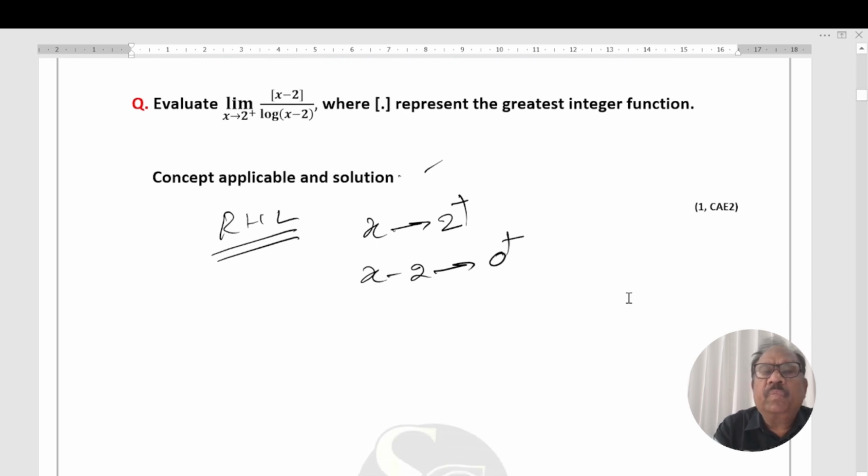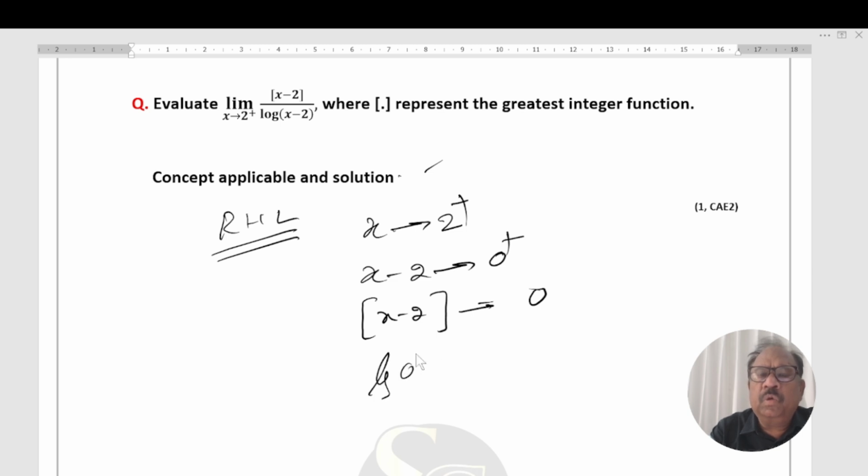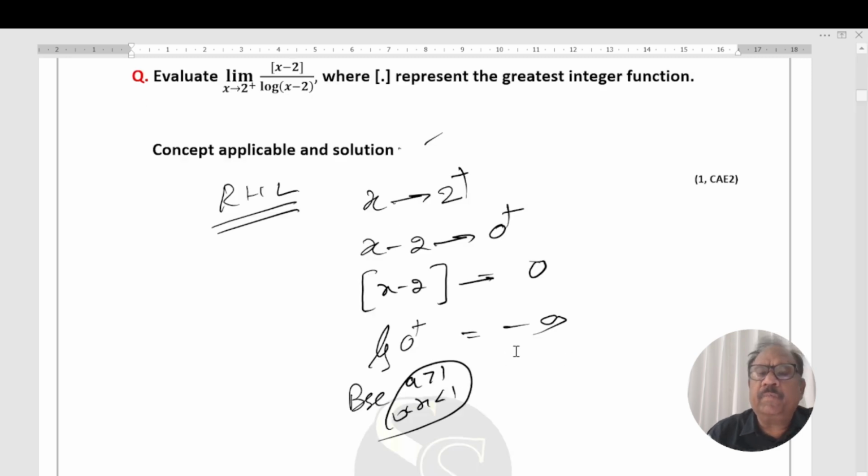It means the greatest integer function of (x minus 2) will be equal to 0. And log of (x minus 2) tends to log of 0 plus. In this case, the base a is greater than 1 and x is less than 1 and greater than 0, which means the answer will be minus infinity.